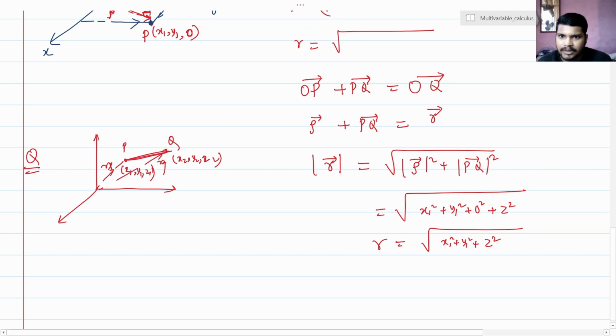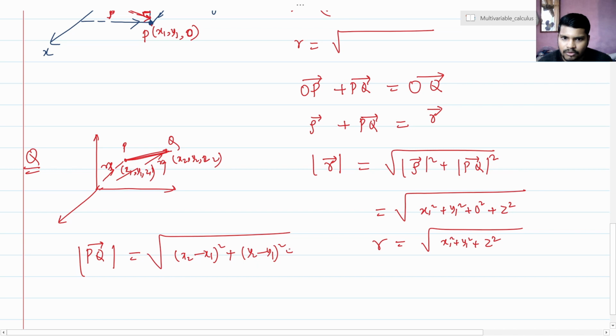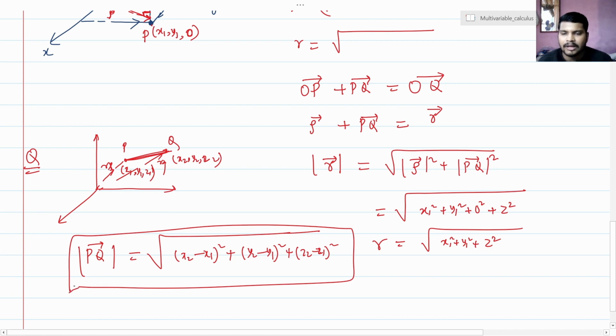From here to here, you will get RQ minus RP. Therefore, I can just write the distance. So let us say PQ as a distance is equal to the square root of x2 minus x1 whole square, plus y2 minus y1 whole square, plus z2 minus z1 whole square. So this is how we are going to find any distance in three-dimensional geometry.